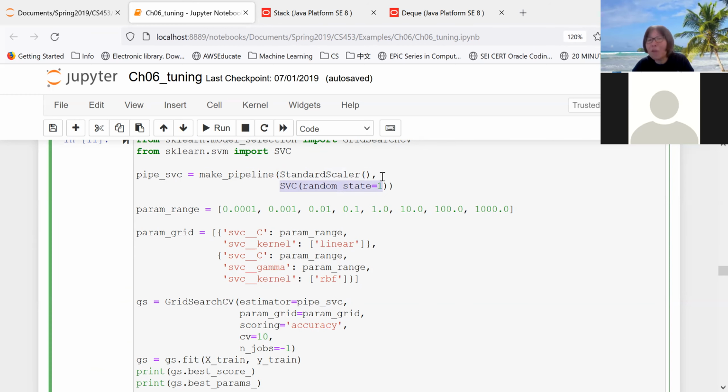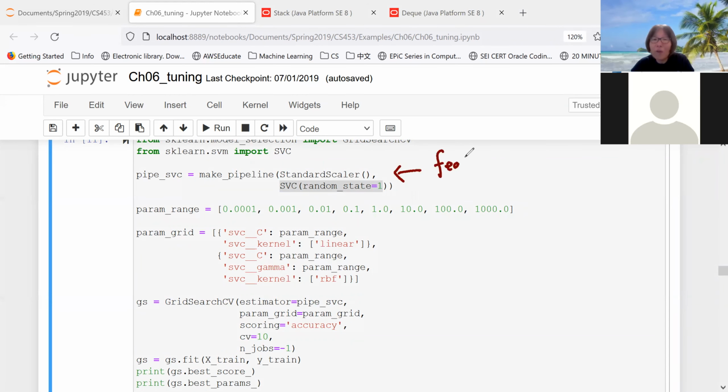It doesn't involve dimensionality reduction, but you can also add it if the features are large. This SVC is the support vector machine model, so it does feature scaling and then goes ahead to do SVM.